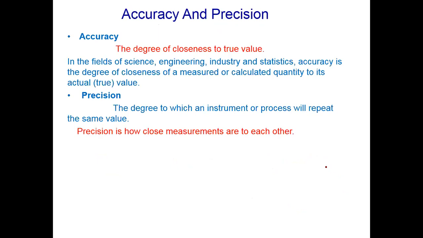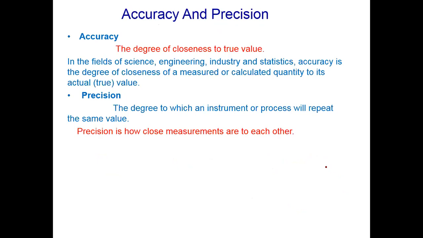The main concept in the lab is accuracy and precision. What is the difference between accuracy and precision? Accurate data and precise data. In Dari we say درست و دقیق, so accurate and precise.